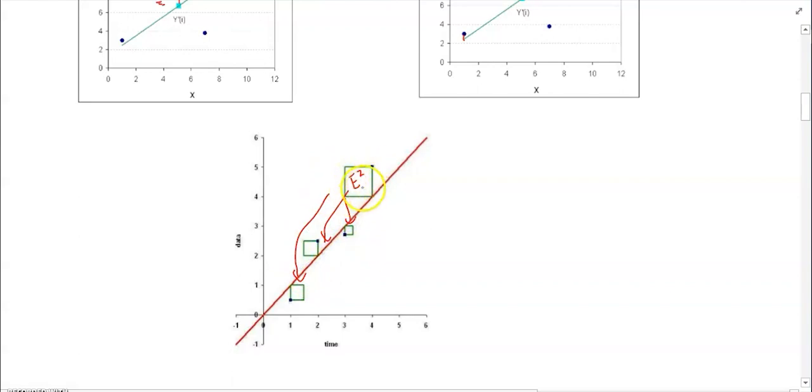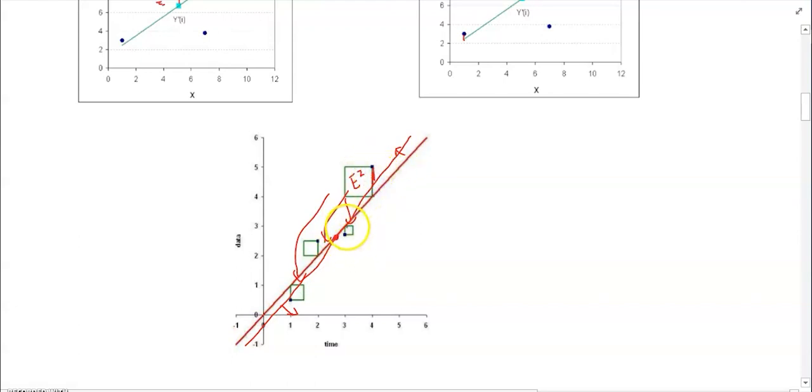So if we add the sum of these squares and we make it so that this line is shifted in such a way that these squares become smaller and smaller. So you can picture, for instance, if we pivoted this and we move this up a little bit, you'll see that the line changes the amount of error. This error becomes smaller.